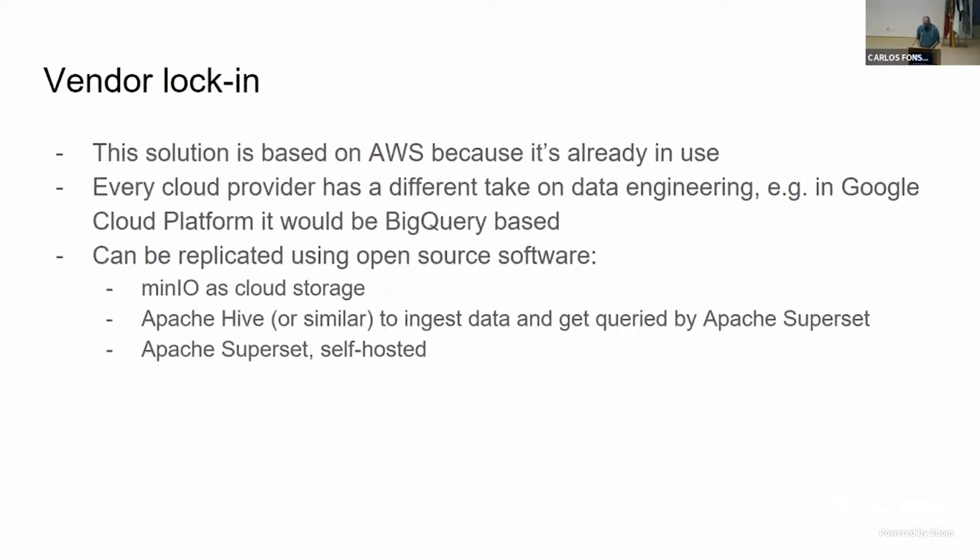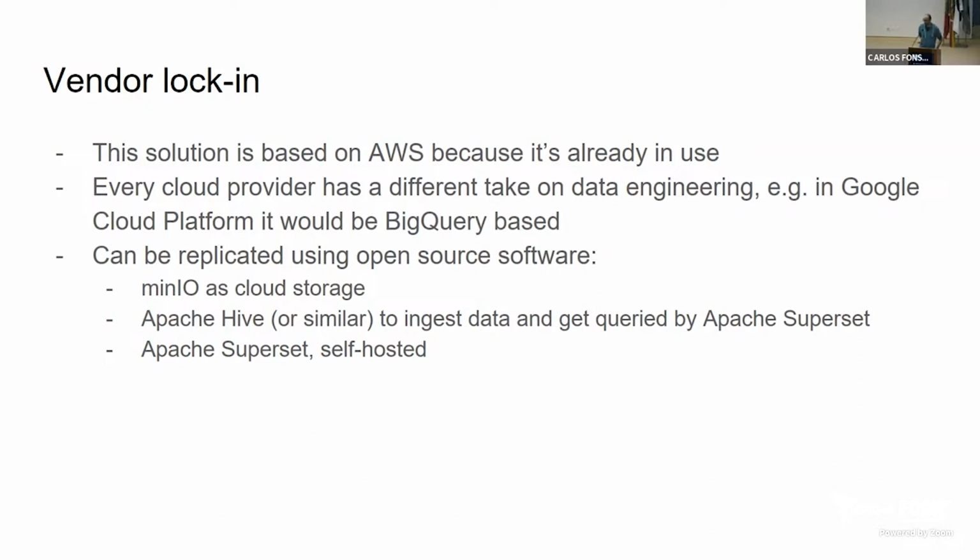Now, let's discuss a bit about vendor lock-in. This solution is based on AWS because this is what the company was already using. And of course, every cloud provider has their own opinion of how you build a data warehouse or data lake. For example, if you are a Google Cloud Platform customer, you would probably be using BigQuery, since everything on Google Cloud is based on BigQuery.